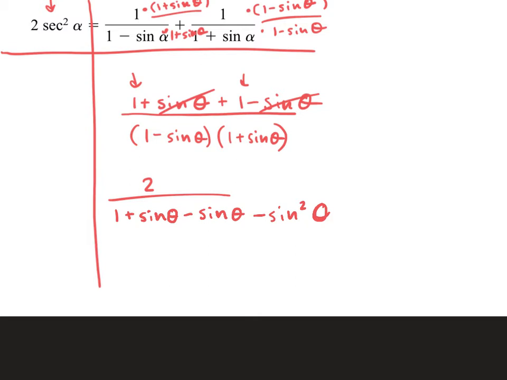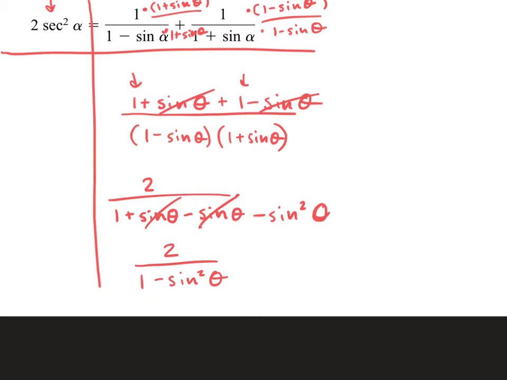All right, how can we simplify this? Combine like terms. So our sine theta and negative sine theta cancel. So we have 2 over 1 minus sine squared theta.